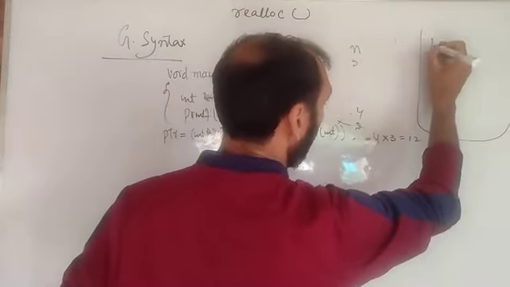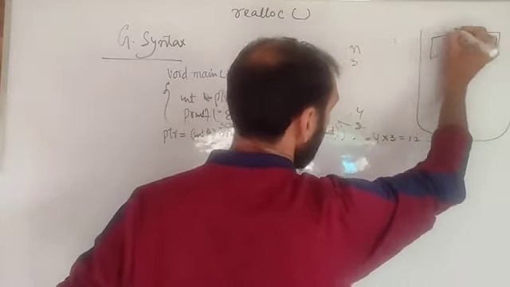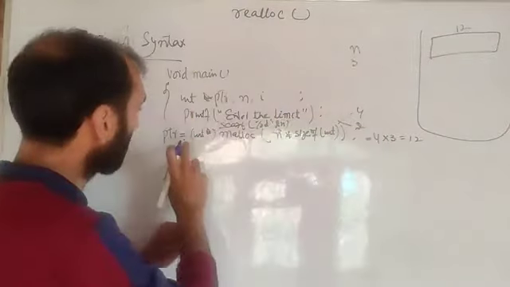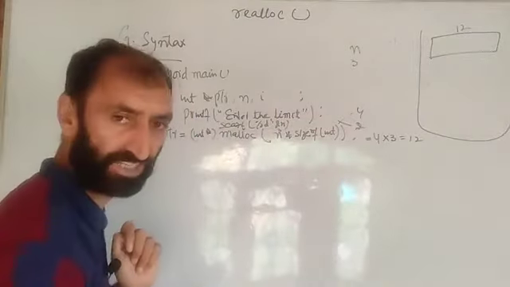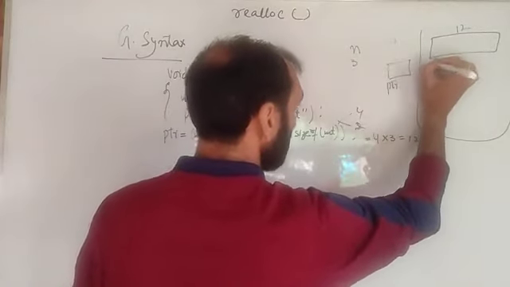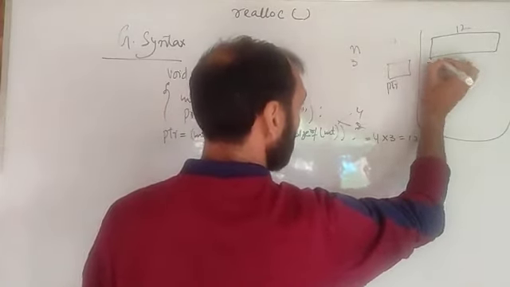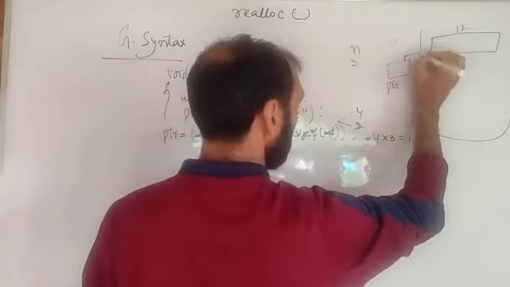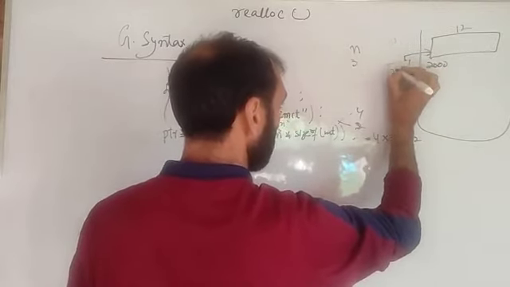A complete block of 12 bytes of memory will be allocated by the memory manager dynamically by using this malloc function, and it will return a pointer. For example, the base address of this is 2000. It will return this 2000, and that will be stored in ptr.